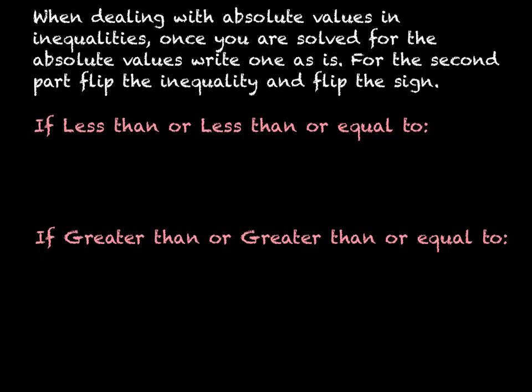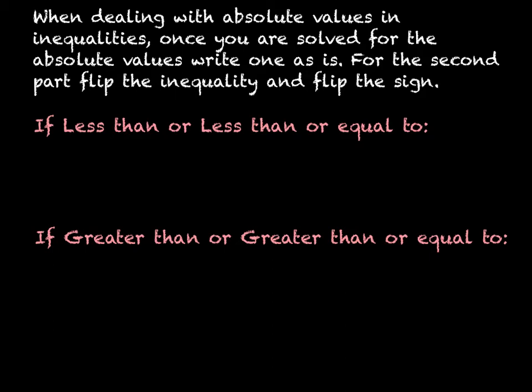Now, inequalities are a little bit different. When dealing with absolute values in inequalities, once you have solved for the absolute values, you need to write it first as is, so with whatever inequality it is and whatever sign it is. And then for the second part, you need to flip the inequality and flip the sign.